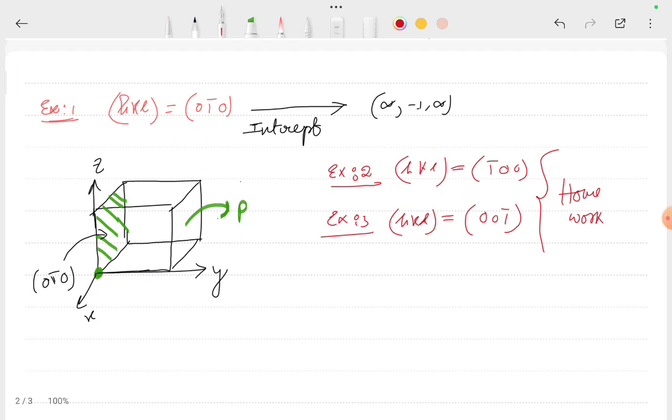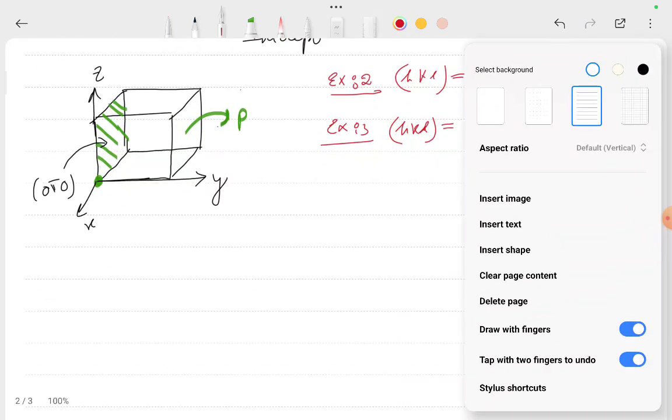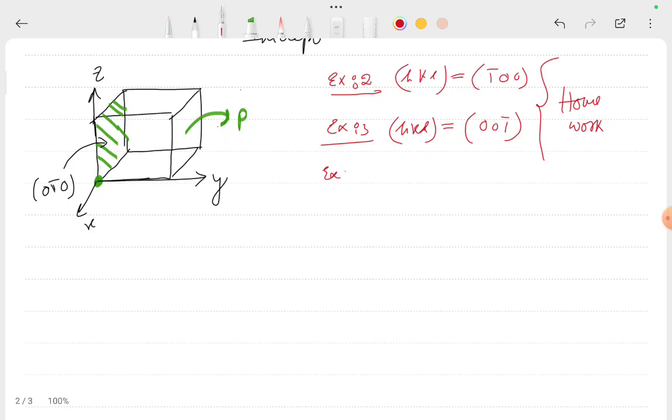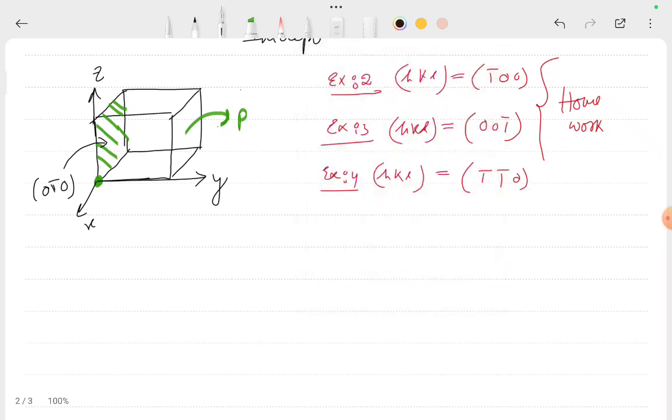Now next we take another important, difficult level example. Example number 4. This HKL value is equal to 1 bar 1 bar 0. Now we are trying to sketch this indices problem.